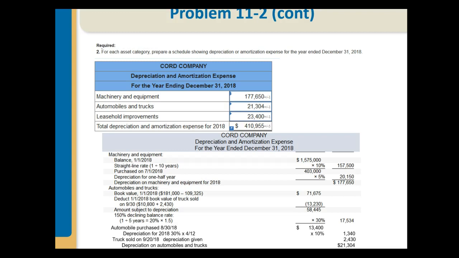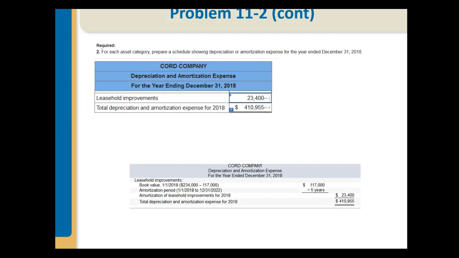So if we take the 17,534, the 1,340, and the 2,430, we'll have a total here of 21,304 for depreciation in automobiles and trucks.